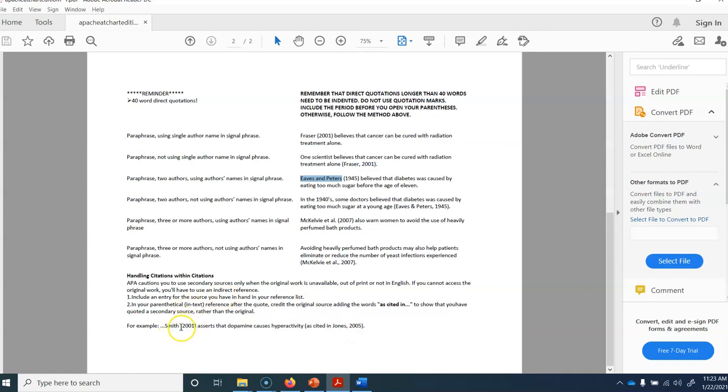I would write Smith, bracket, 2001, and then I go into my paraphrase or my direct quote. But at the end, I would say, as cited in Jones, comma, space, 2005. So the original or the first author to assert the idea gets the credit in your sentence, but then you show where you got it from at the end of the sentence.